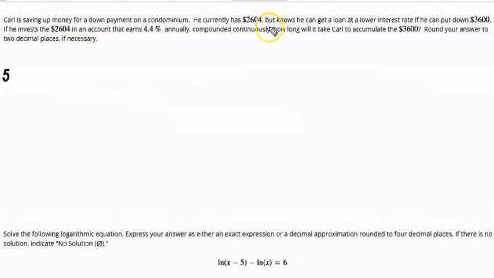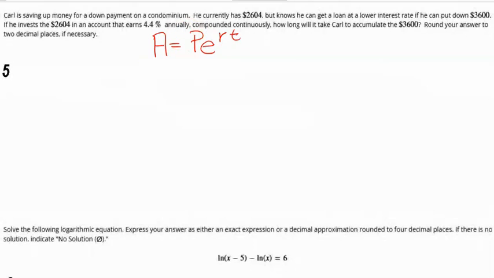So in example 5, read it, pause. We're using continuous compound interest. So it would be future amount equals the principal, Euler's e, and then rate times time.